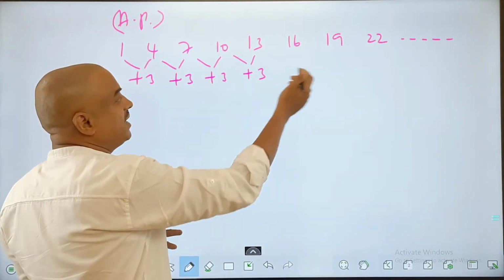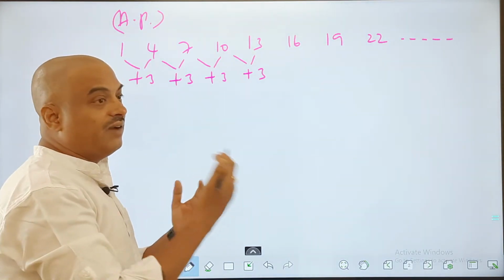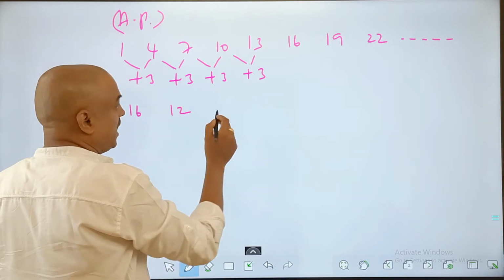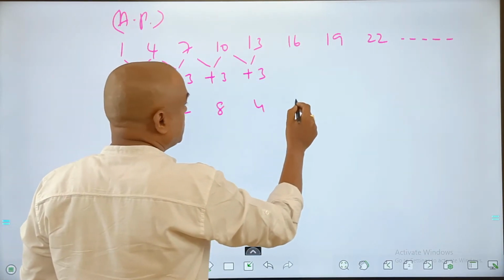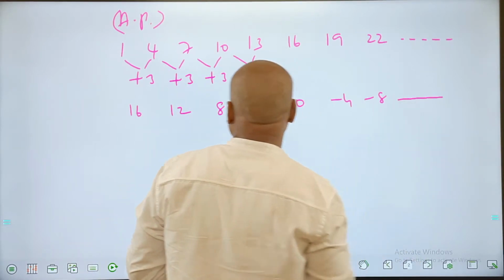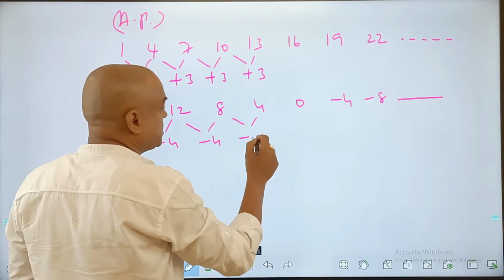So every time it is increasing by 3. Similarly, there can be a series where you can have a decrease also. For example, 16, 12, 8, 4, 0, minus 4, minus 8, and so on. So here you see it is decreasing by a common value, which is 4.